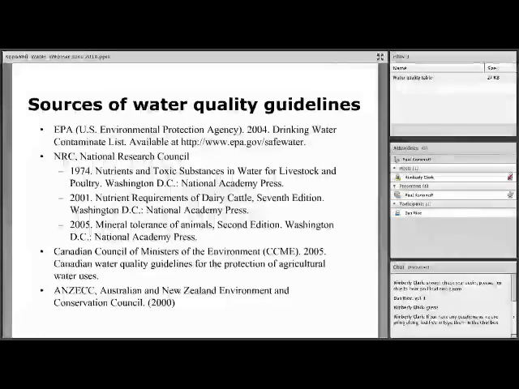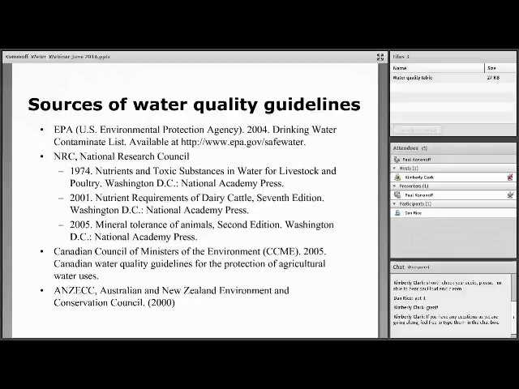There's a number of sources of water quality guidelines that are listed here. I'm not going to go into great detail. Some of these are from the United States. The EPA has some guidelines. They're obviously excellent guidelines. We have to keep in mind that those are for human consumption. And if you recall, I mentioned that different species may have different mineral tolerances.